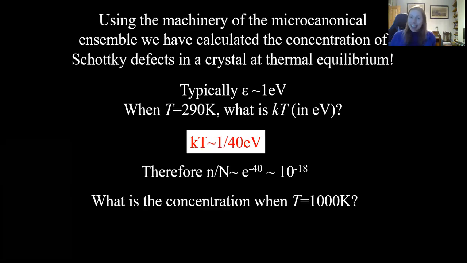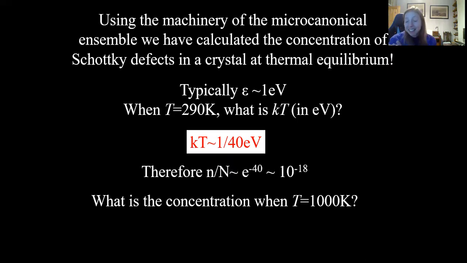So we can calculate our number density of defects. Little n over big N is about e to the minus 40. That's quite small, only about 10 to the minus 18. But, you know, we'd see one in a mole, right? So it's small, but it's not unbelievable.